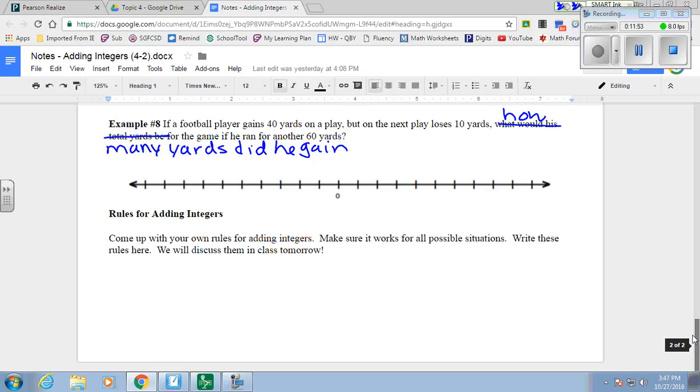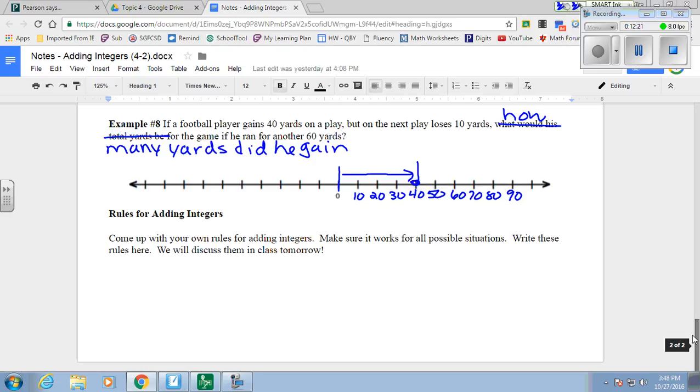So we start off at 0. I'm going to say that each of these are 10, up to 90. And since we don't really have negative values in football, let's just go with this. So we start off at 0. He's going to gain 40 yards, so we go to 40.